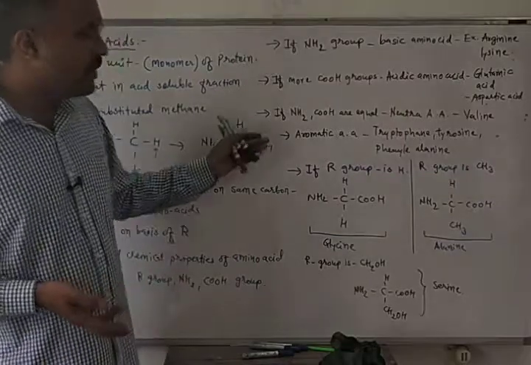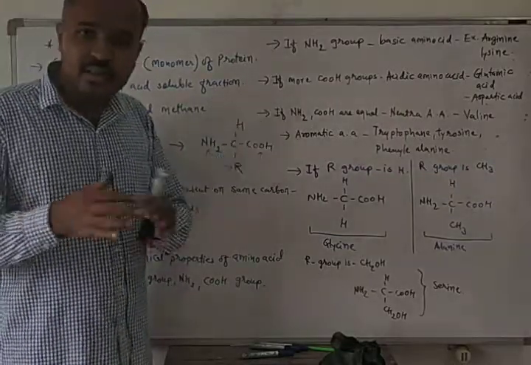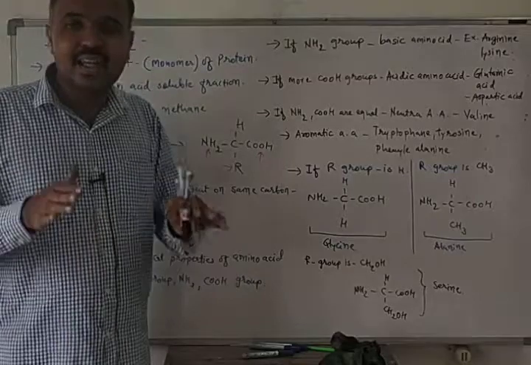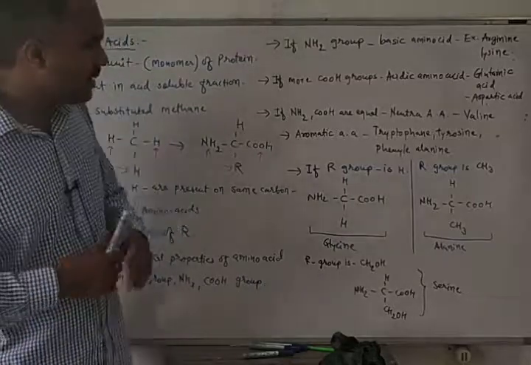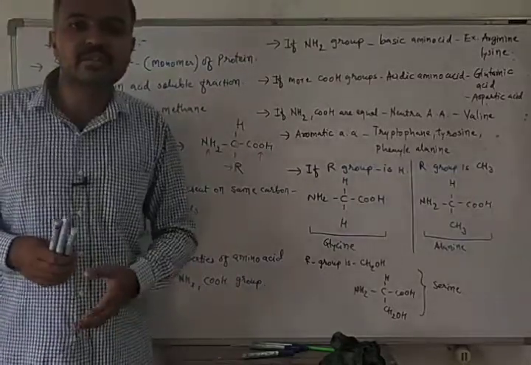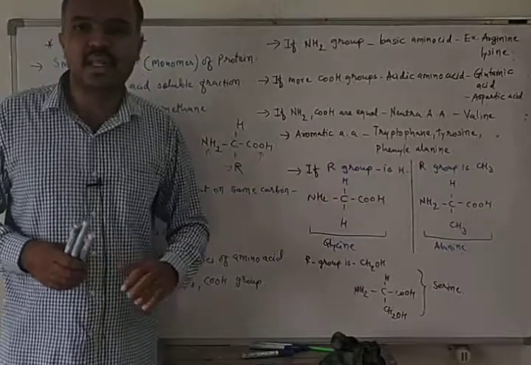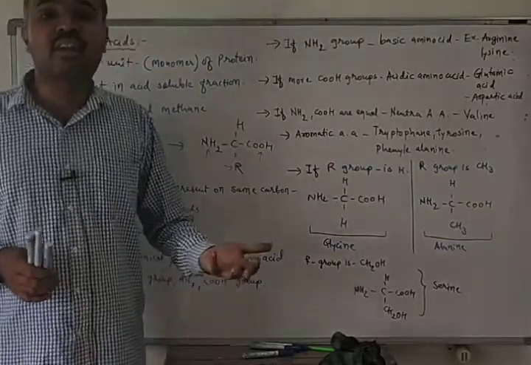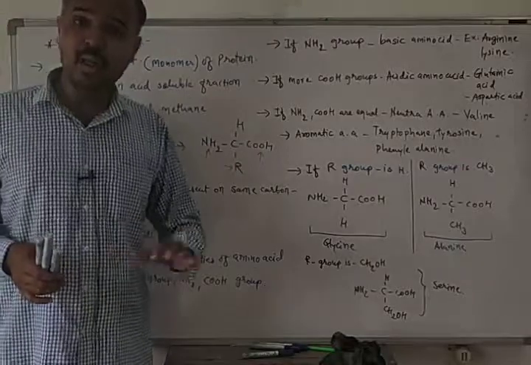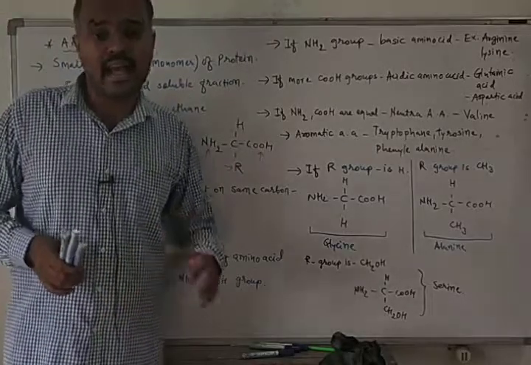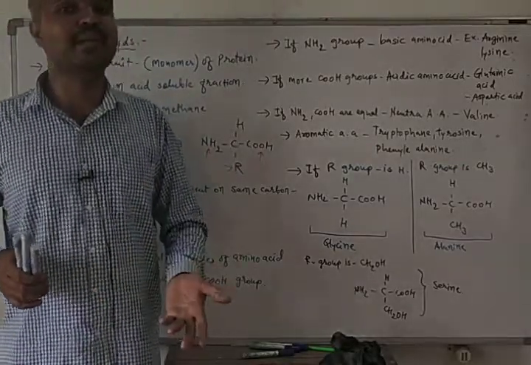These are the three types of amino acids: basic, acidic, and neutral. Then there is a fourth category of amino acid, which is known as aromatic amino acid. If an aromatic group is present as the R group, then that amino acid is known as an aromatic amino acid.